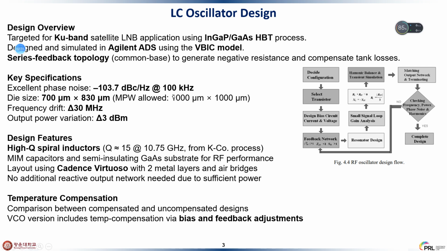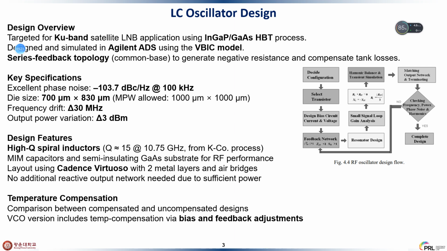So the target is the Ka band satellite LNB application using the HBT process, and it was designed and simulated in the Agilent EDS using the VBIC model and the series feedback topology, to generate the negative resistance and compensate the tank losses.